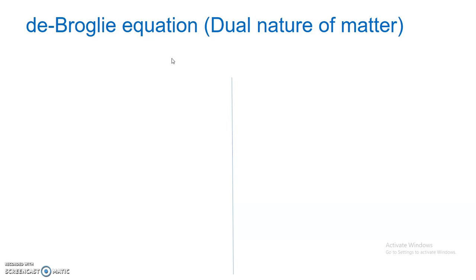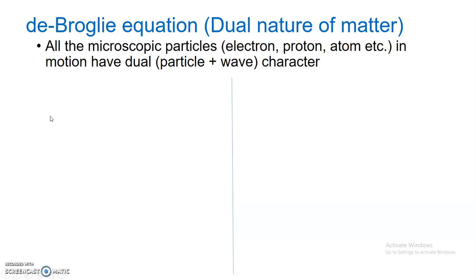In other words, these microscopic particles in motion possess both particle and wave properties. So according to the de Broglie equation, all the microscopic particles in motion have a dual character, that is particle and wave character.